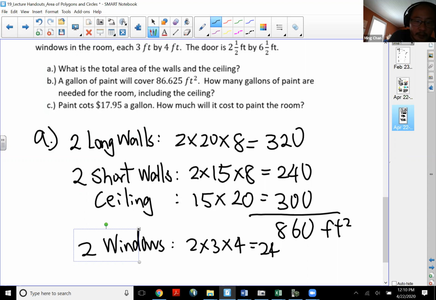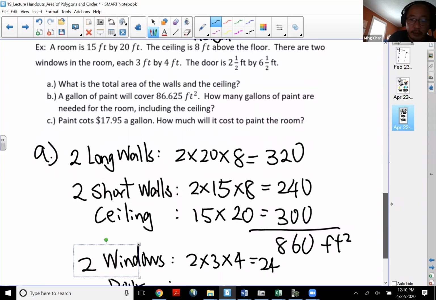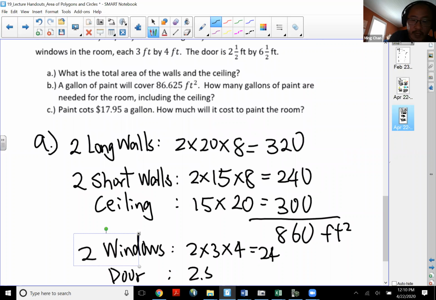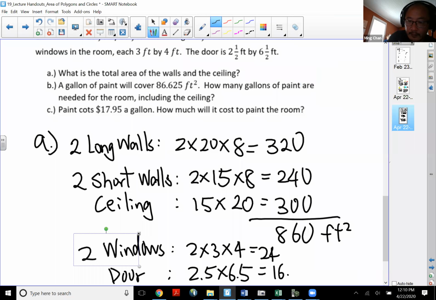My one door, I'm not going to paint the same color as my door because I'm already painting the ceiling the same color as my walls. So my door, 2.5 by 6.5, is 16.25.